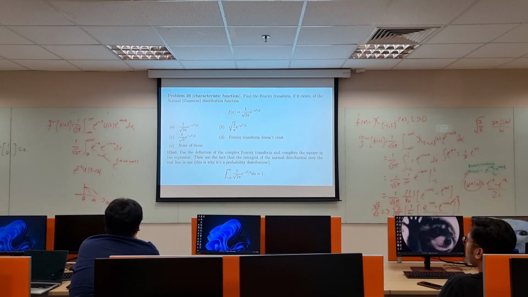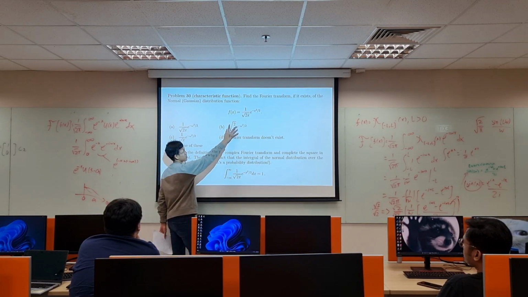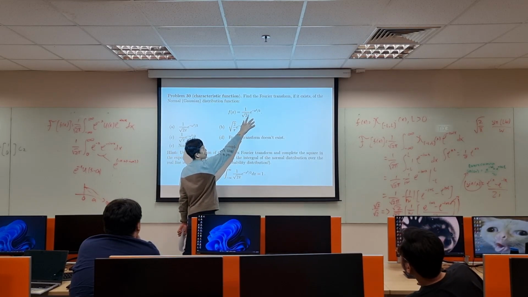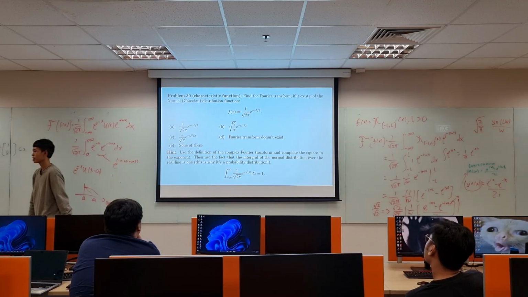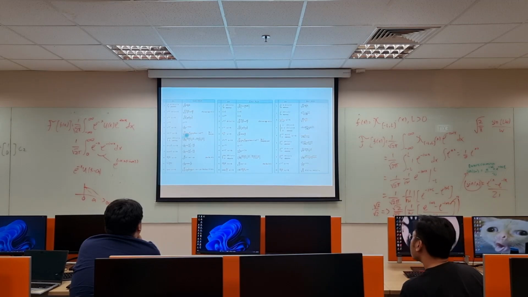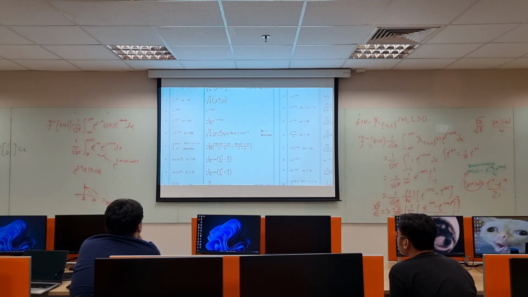So the last question. f(x) equals 1 over square root 2 pi e to the minus x squared over 2. First, find the Fourier transform. We can use the table immediately. e to the minus x squared over 2. Here in the table, wait, let me search.